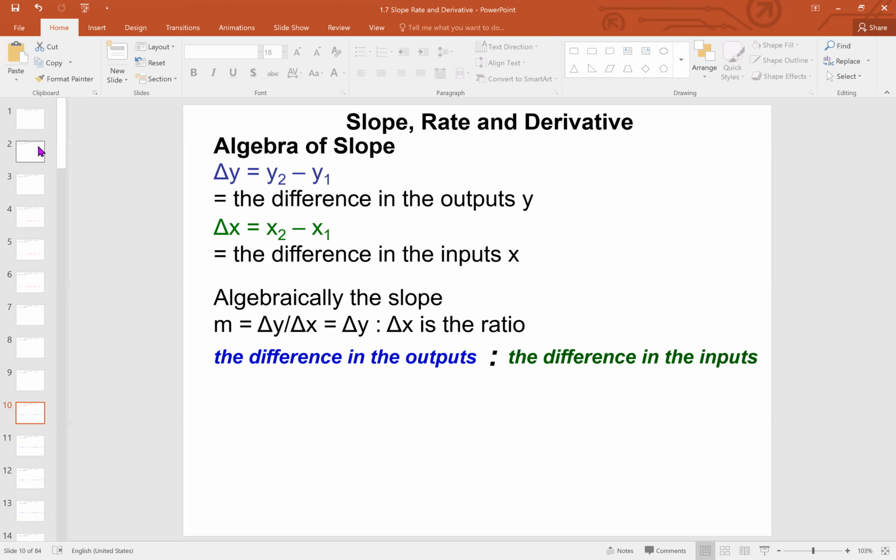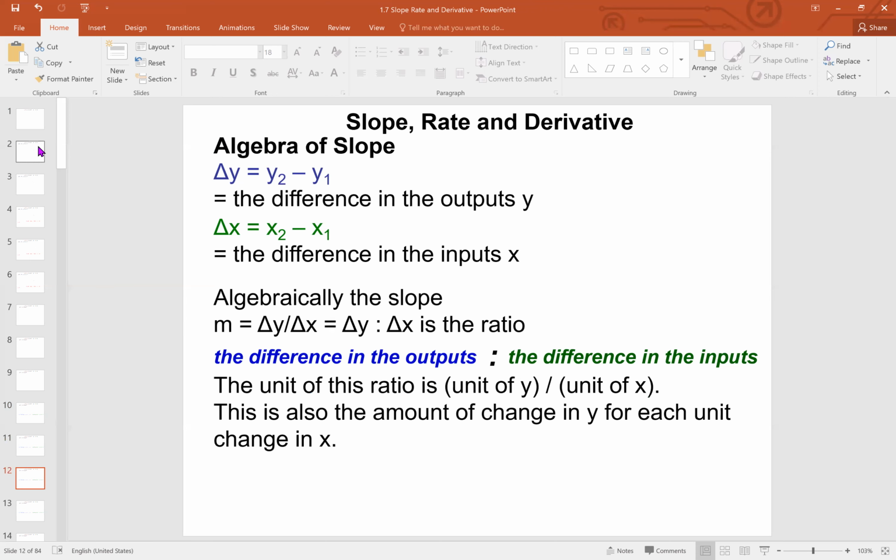Since y is usually the output and x the input, the slope is the ratio between the change in output, delta y, to the change in input, delta x. And this has a unit: the unit of y over the unit of x.